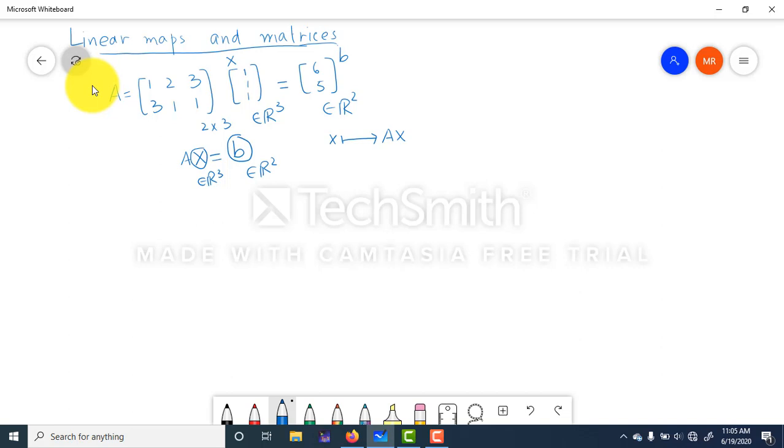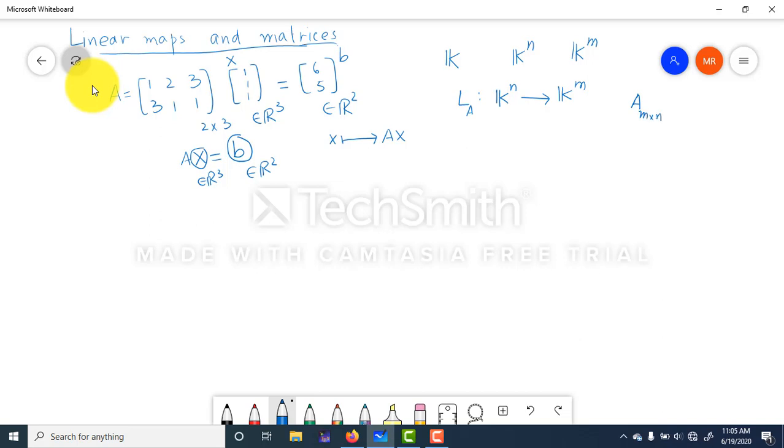So generally, if I have a field, say K, I can have vector spaces Kn and Km over this field, and I can transform vectors from Kn to Km. I can define a transformation with the help of a matrix A, and the order of this matrix A, as we can see in this example, shall be m cross n.